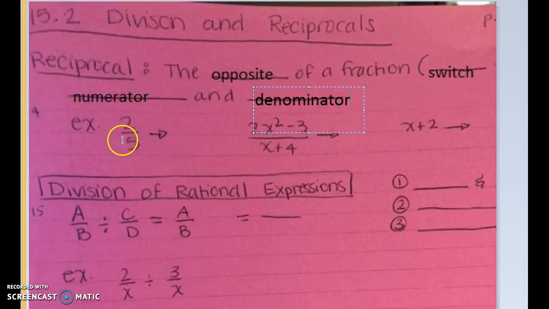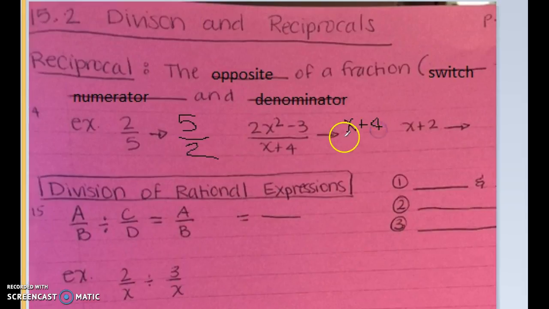For the example 2/5, it would just become 5/2. For the example (2x squared minus 3) over (x plus 4), the new numerator would be x plus 4, over 2x squared minus 3.